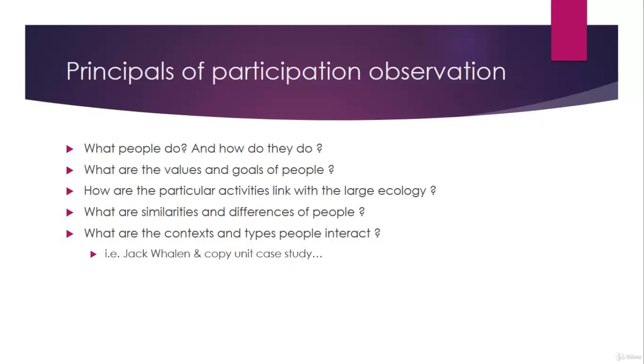The last one: what are the context and types people are interacting with? The subsection coming under this is the apprentice model. This has been properly elaborated with the Jack Verlan copy unit case study, which is about a photocopy repair center. The most talented and experienced person working at the photocopy repair center is the person who has stayed there continuously for the longest time.